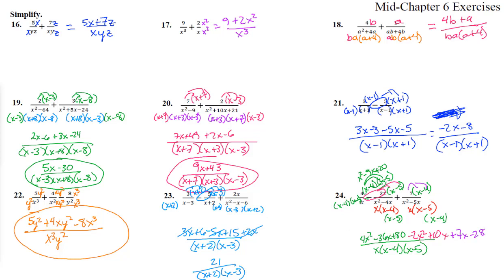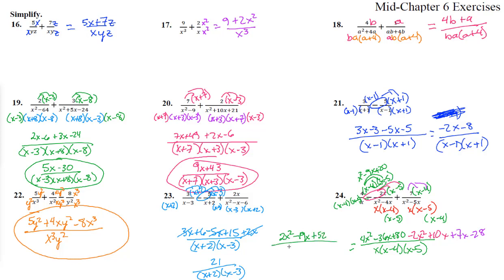All right, let's put it all together. This equals, on the top we have 4x squared minus 2x squared, that's 2x squared, minus 36x plus 10x is minus 26x, plus 7 is a minus 19x, and 80 minus 28 is 52, so plus a 52.